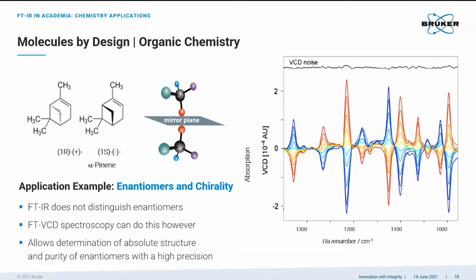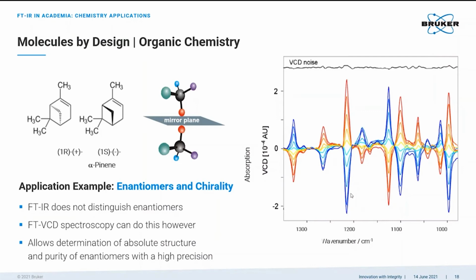Well, let's take a closer look at the VCD spectra of 1R plus alpha-pinene and 1S minus alpha-pinene with different enantiomeric excess values. The enantiomeric excess factor is used in organic chemistry to express the enantiomer purity.